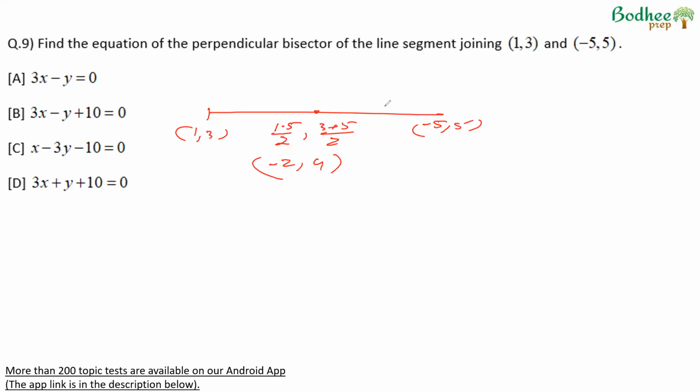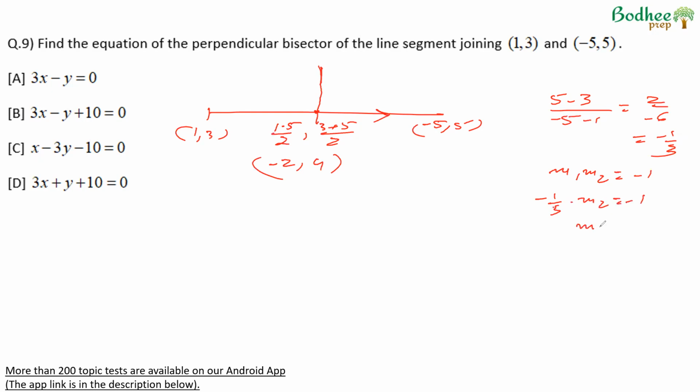Secondly, the slope of this line will be y1 minus y2 upon x1 minus x2, which is 2 by minus 6, which is minus 1 by 3. So the slope of the perpendicular should be such that the product of slopes m1 m2 is equal to minus 1. One of the lines has a slope of minus 1 by 3, so m2 should be 3.